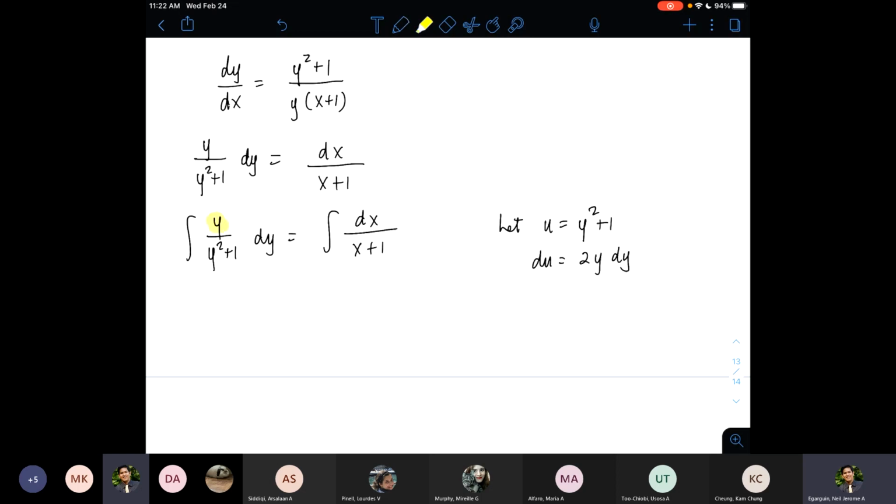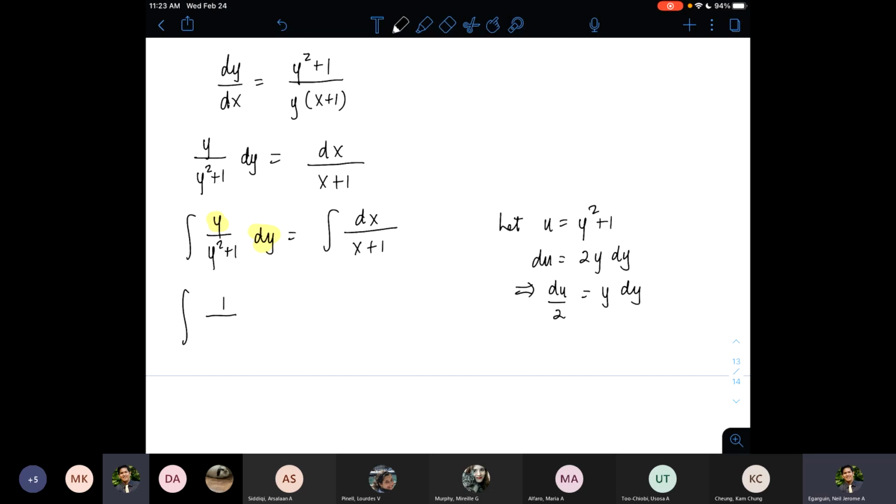But notice that I only have a y dy in the integrand, so I'll write y dy equals du over 2. So the y dy on the left-hand side will be replaced by du over 2, and the integral on the left would be 1 over u times du over 2.